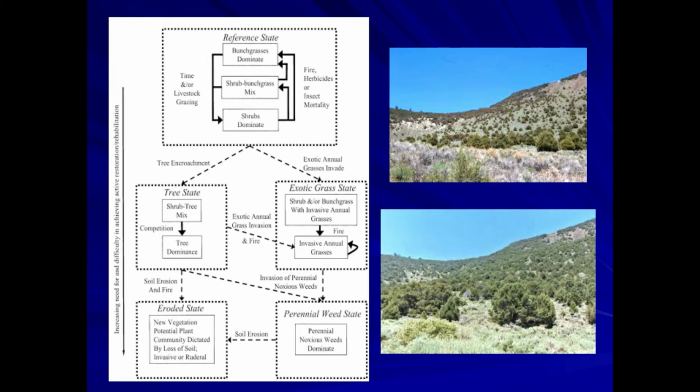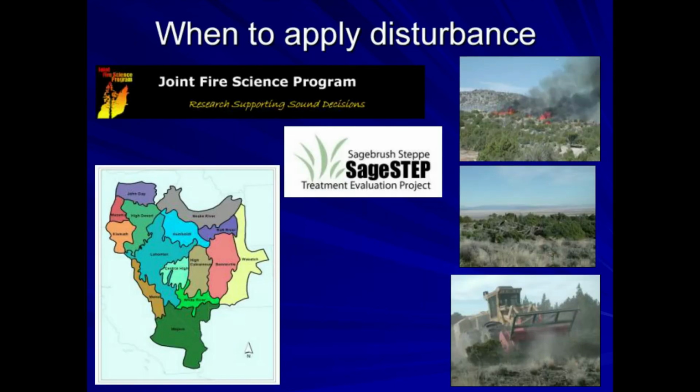At what point should we have a disturbance to prevent tree encroachment from pygmy conifers, or Robin Tausch's slides from Underdown Canyon in Nevada? That would help us decide how to manage for what we have and when to apply disturbance to keep what we'd like to keep. So there's some research here we're currently conducting relative to that.